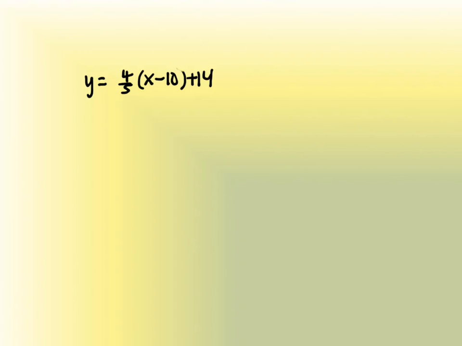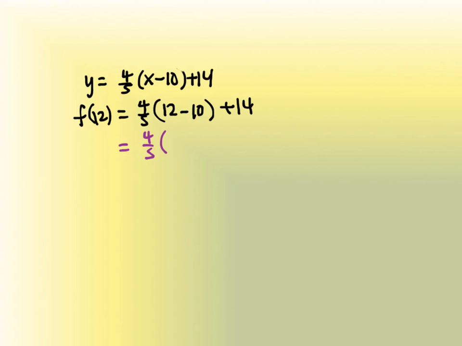Okay, so this is the equation I'm working with, and the x value or t value when I find this is actually what? T equals what? What am I working with here? 12. So I'm finding f of 12, and f of 12 is going to be, well, I'll just let you calculate it.